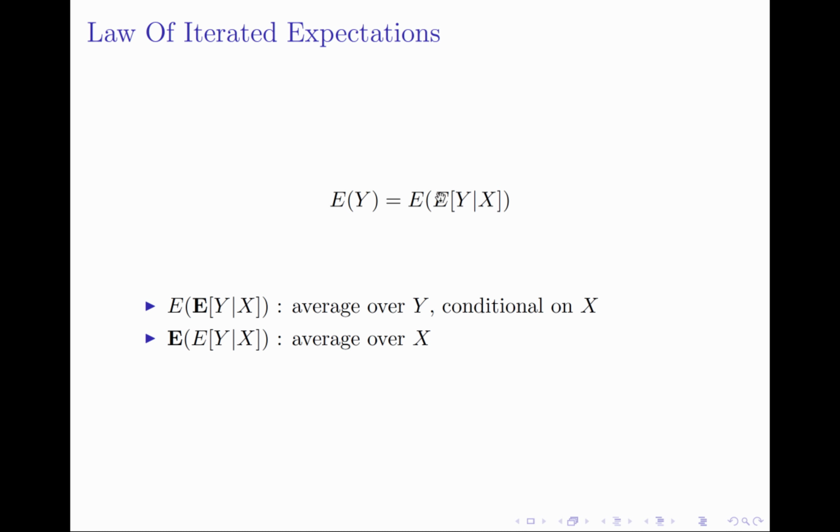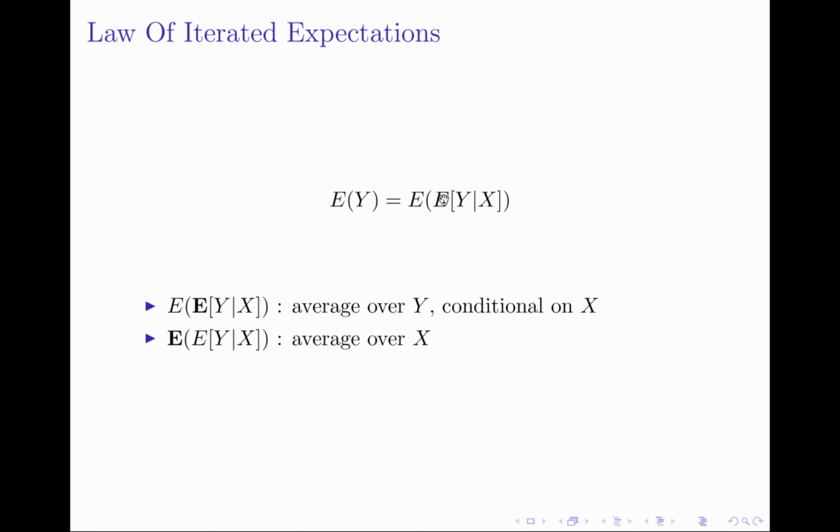On the inside of the round brackets, we have the expected value of y conditional on x. So that's a conditional mean on the inside. And on the outside we have the unconditional expectation. So this e here is the same as that e there, but instead of having y inside, we have a conditional mean inside.